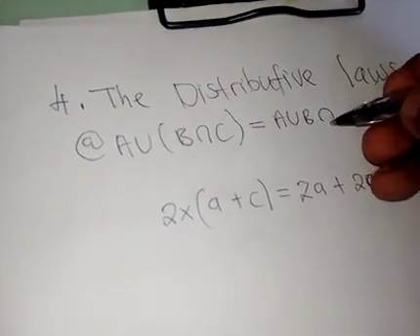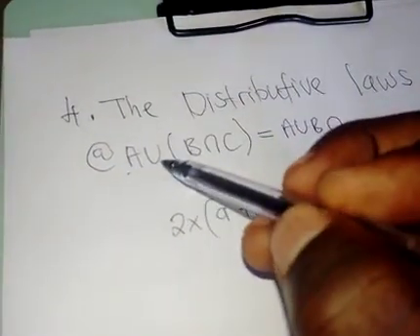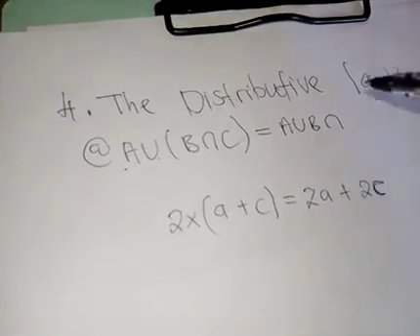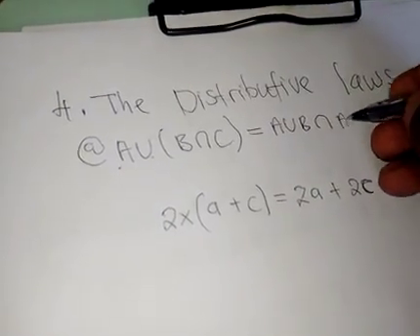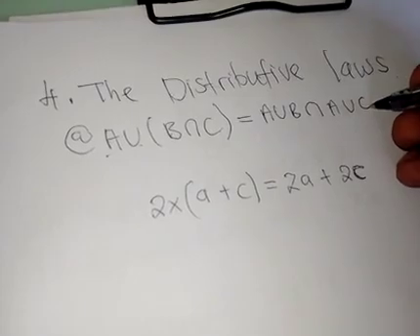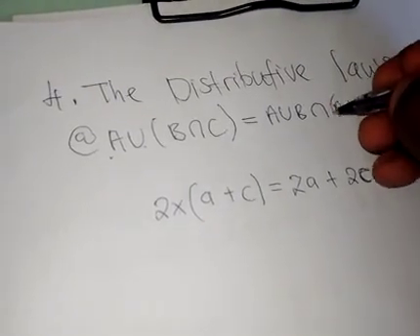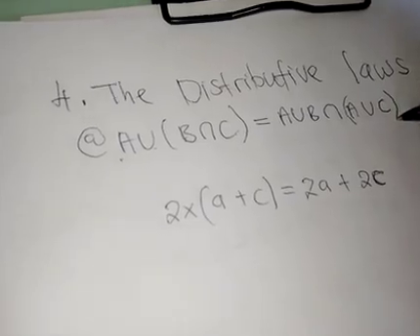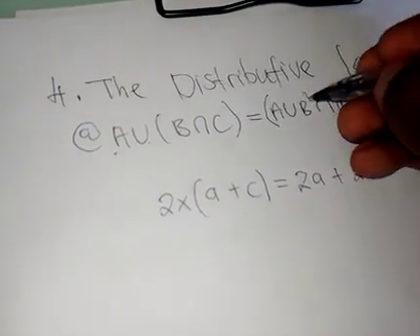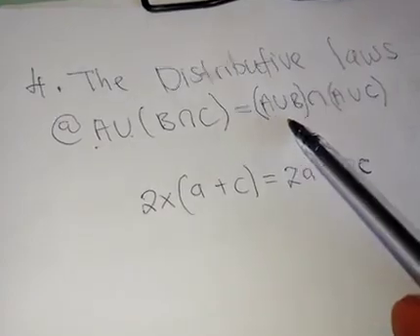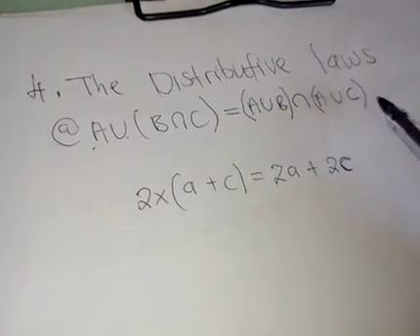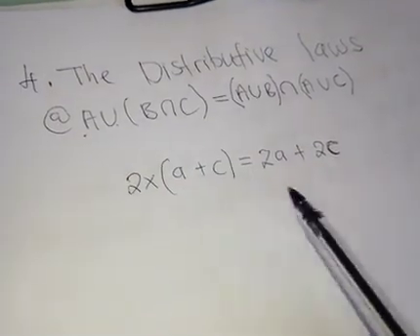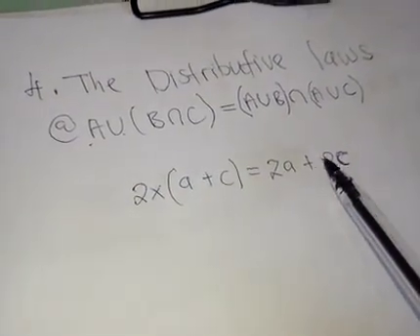So A union B, then in between intersection. Then A union should also be distributed to C, so we have A union C. Then you enclose what you have on this side in parentheses. So this is (A union B) intersect (A union C). We have simply distributed the same way we did for this one.